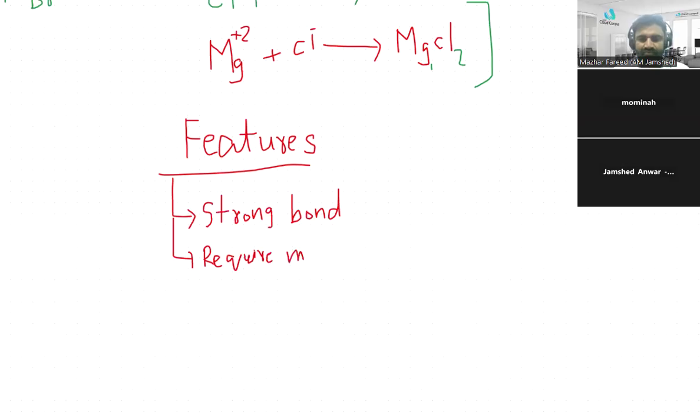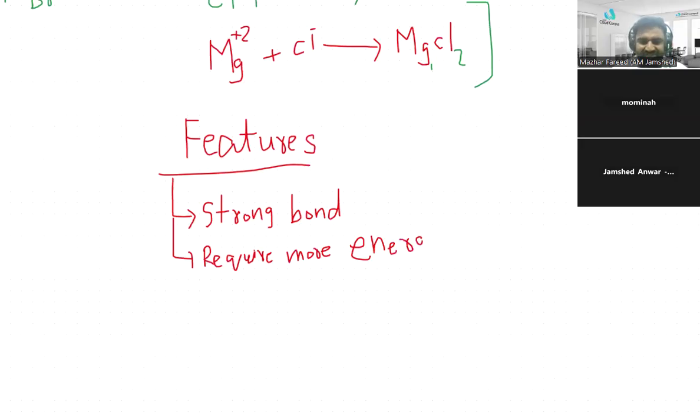You know the energy required to break this bond. That energy is called bond energy. Okay. So it means we have studied multiple bonds like ionic bond, covalent bond, metallic bond.